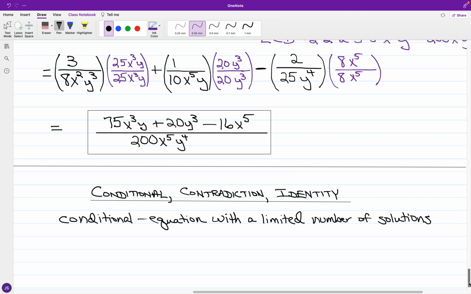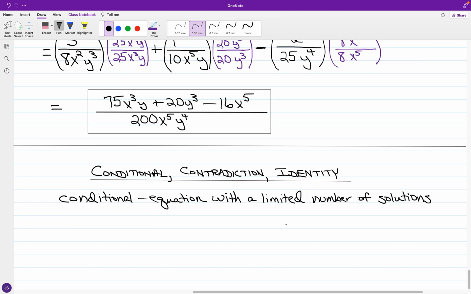Like if you have an equation that has one right answer, that's a conditional. Or if you have 2 solutions in the equation, that is also a conditional. You're looking at a finite number of solutions. And we'll just take a case of a conditional.